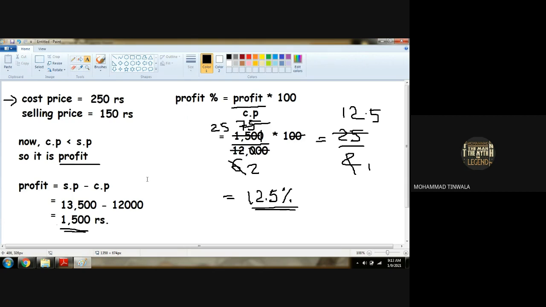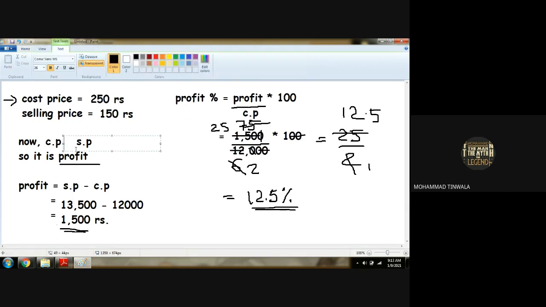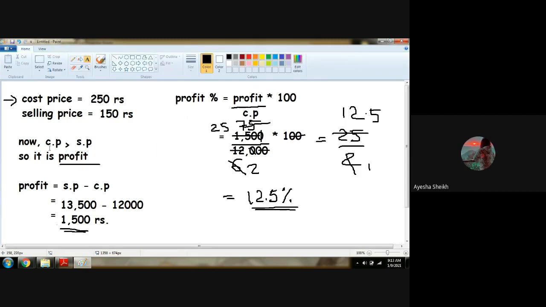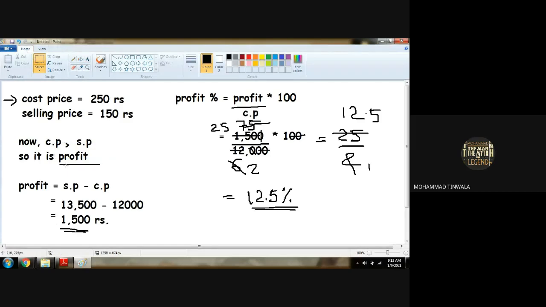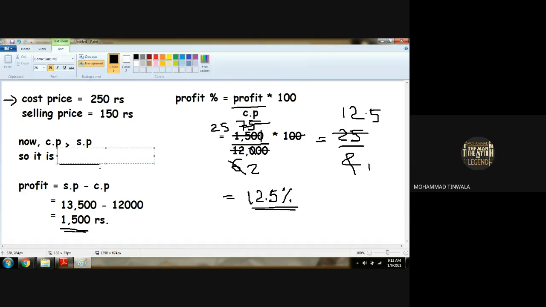Am I right or wrong? Right. Now, can I say cost price is greater than selling price? Yes. So it is loss.